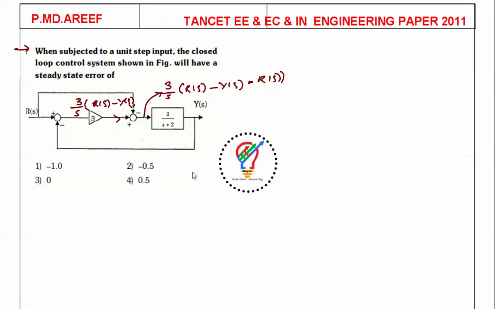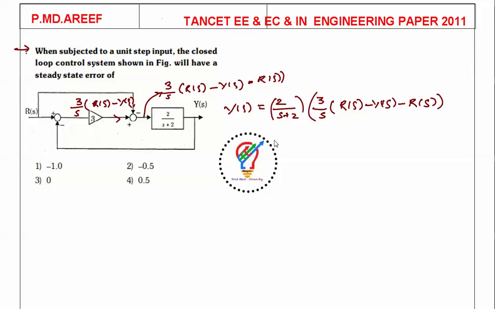So I am going to write the overall transfer function here. Y(s) is equal to 2 divided by (s plus 2) into 3 by s into (R(s) minus Y(s)) minus again R(s).